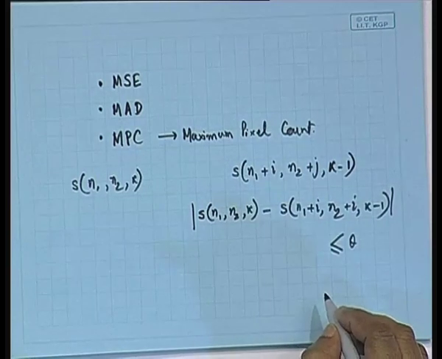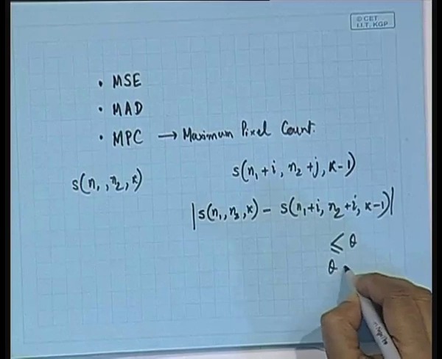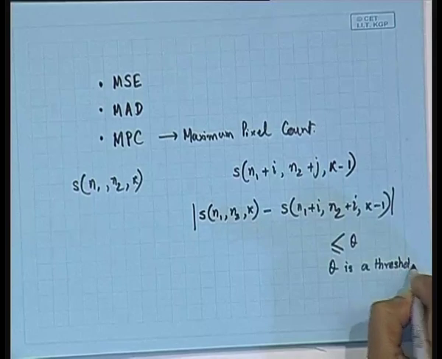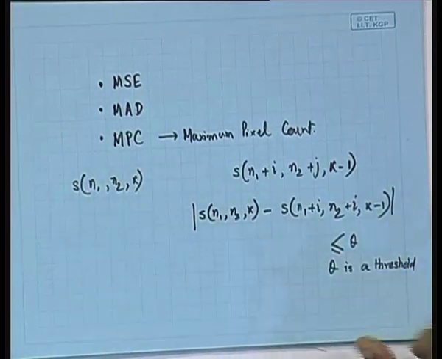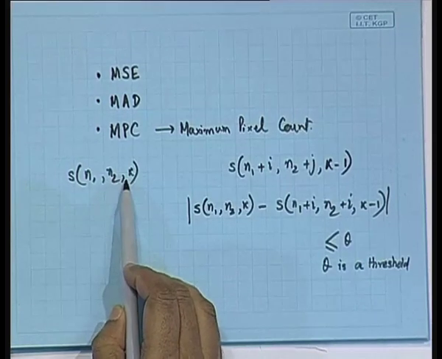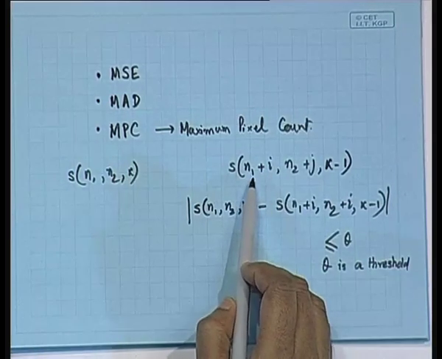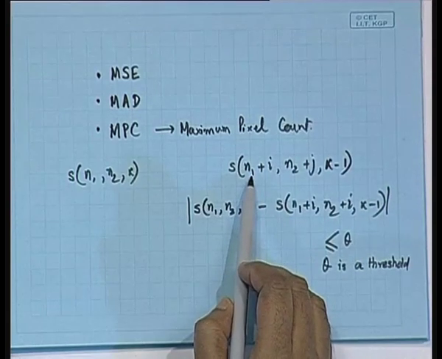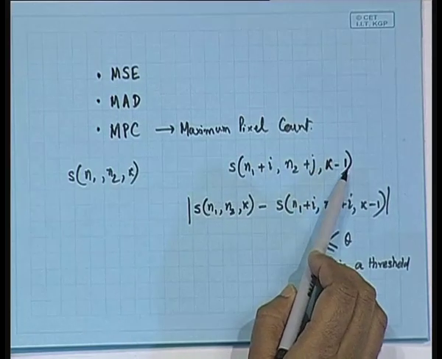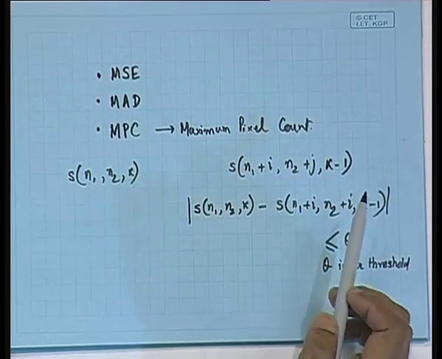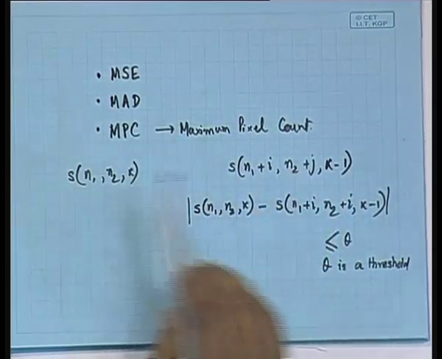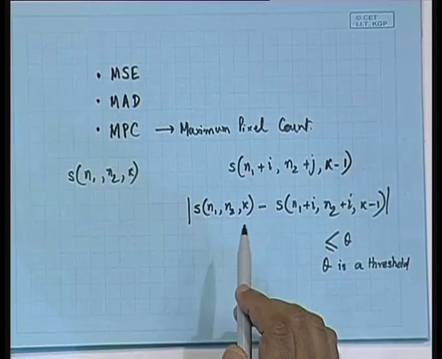If it is less than the threshold, the pixel at (n1, n2) in frame k has matched well with the pixel at (n1 + i, n2 + j) in the reference frame k minus 1. On a pixel-to-pixel basis, we have found a match.